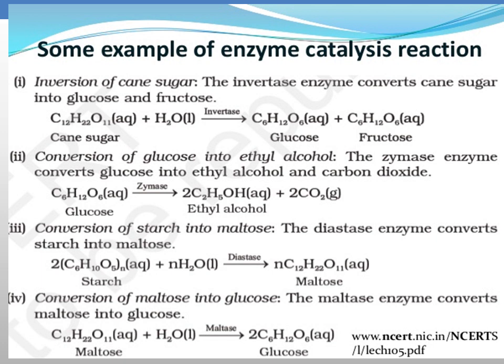And then maltose, in the presence of the enzyme maltase, is converted to glucose. Maltose is a disaccharide which contains two glucose units. Just as sucrose contains one glucose and one fructose, maltose contains two glucose units. For this, the specific enzyme used is maltase. These are certain reactions which are catalyzed by enzymes. All these are biochemical reactions.